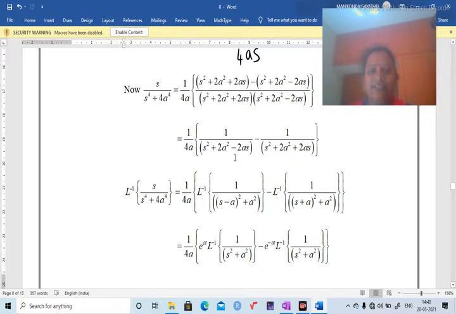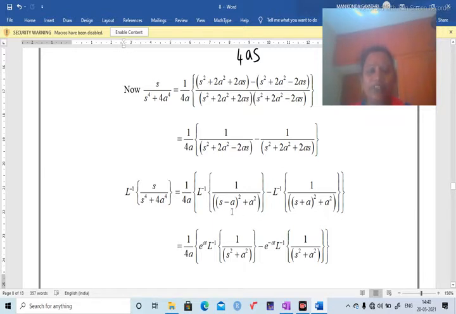Again this denominator can be written like this, and this denominator can be written like this. Here what I am writing means plus a² inside the square term, another a² outside. Here also one a² inside this (a plus b) whole square, one more a² is outside.